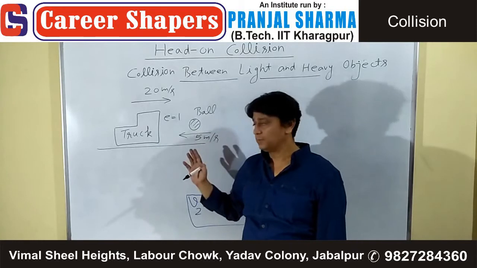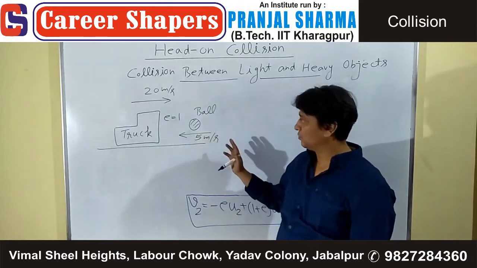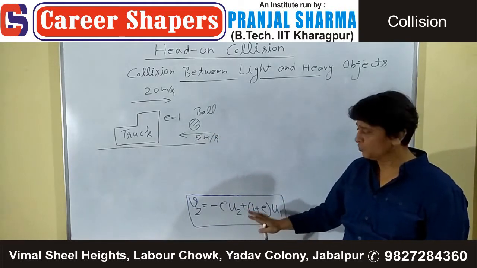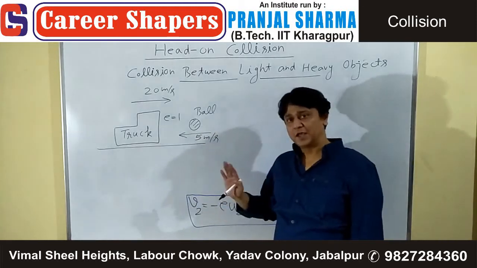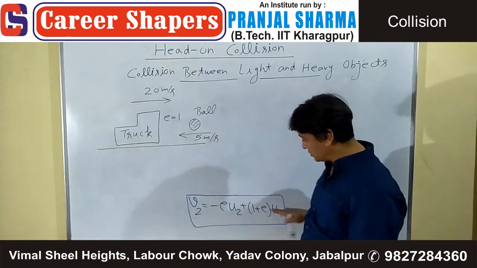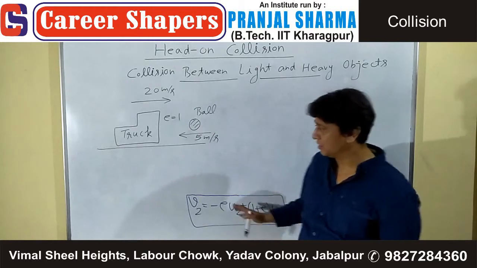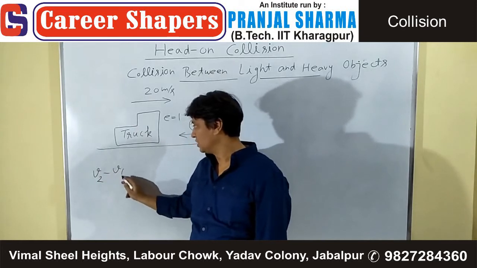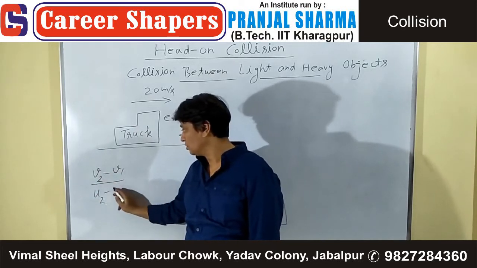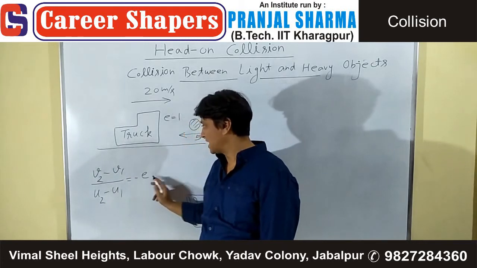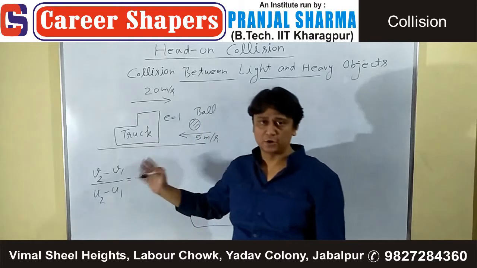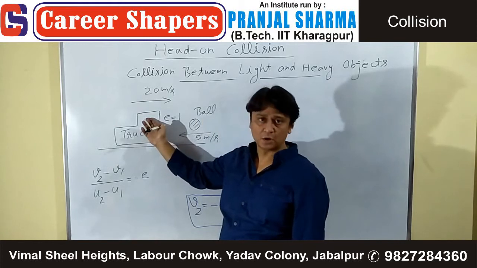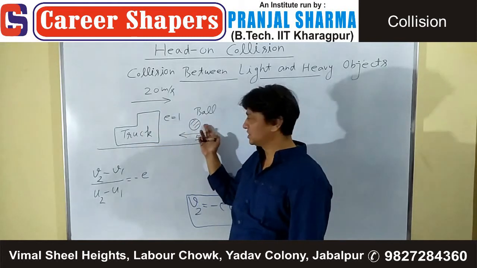Same. Now, if I ask you velocity of the lighter object, either you can directly go for this equation, which we'll use later, but if you don't remember this whole part, then just remember where it came from: V2 minus V1 upon U2 minus U1 equals minus e. You don't have to worry about 1 and 2. It's your wish. If you say this is 1, use it as 1.